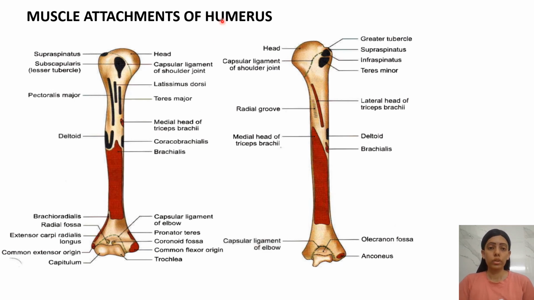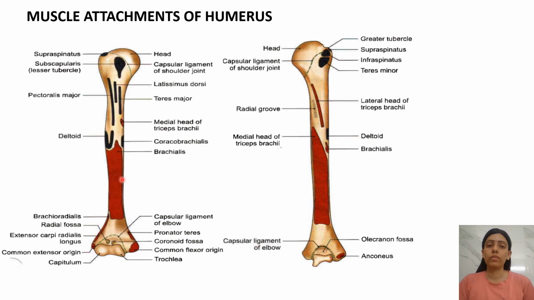Now, one more insertion is there, which is of deltoid, which is inserted into the deltoid tuberosity, and coracobrachialis, which is inserted into the rough area of middle of medial border. So these were the insertions. Then let's talk about the origin.